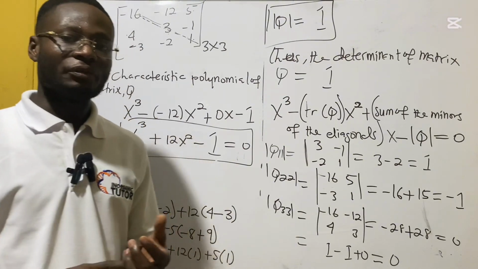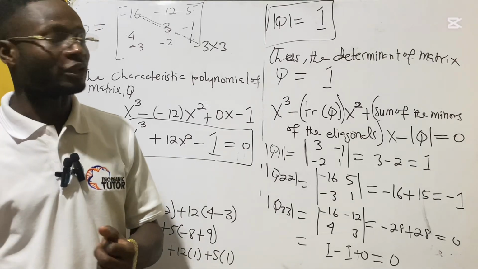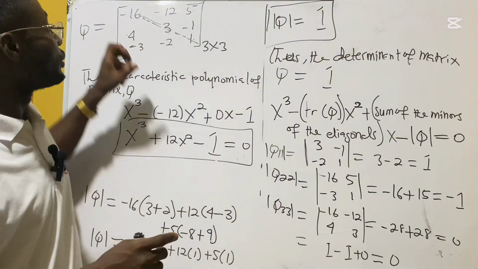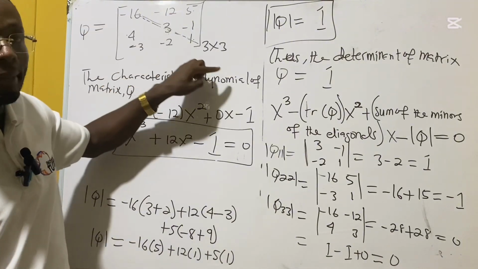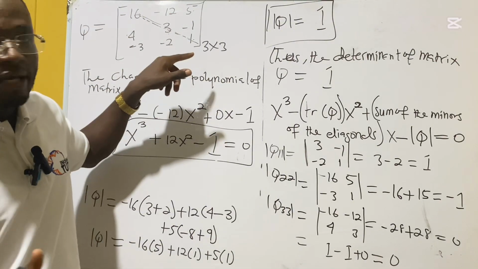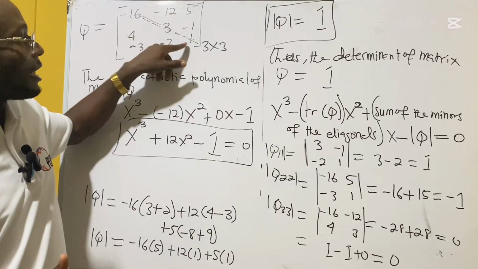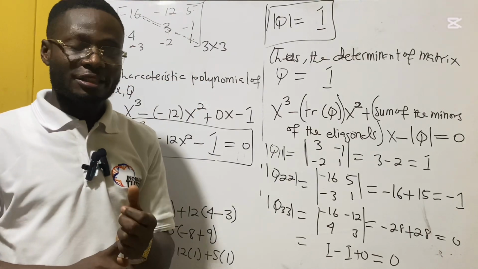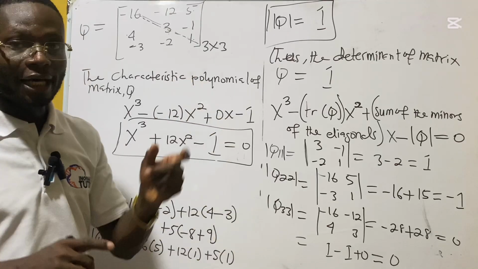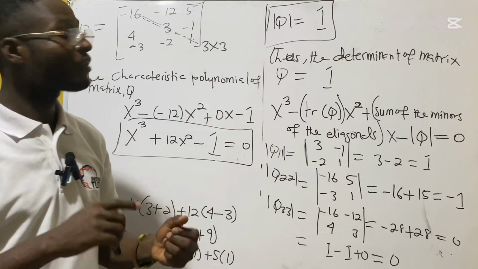So first, if you want to find the trace of a particular matrix, the idea is that you sum all the main diagonals. You sum the diagonal elements. So if you have a 3 by 3 matrix, you know the diagonals are these elements. Okay, that is how you find trace. And over here, we had the trace to be minus 12. 2.